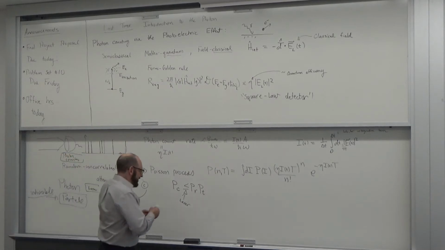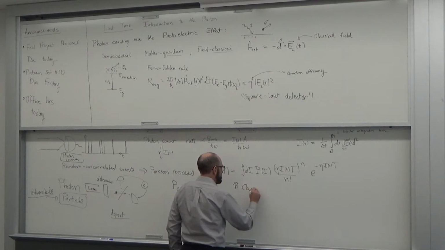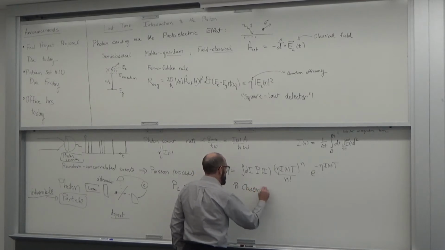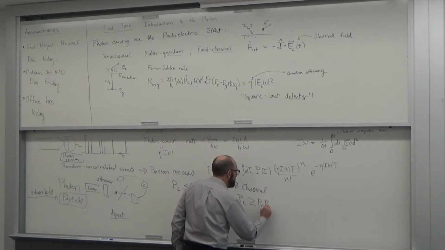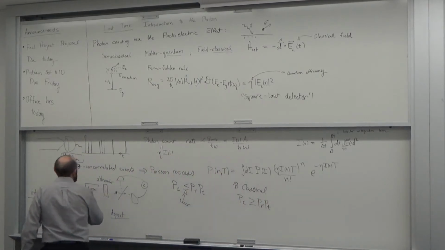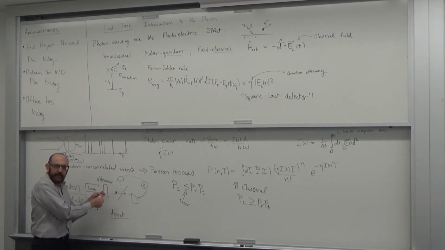In fact, classically, this coincidence count always has to be greater than or equal to. It can be greater if I have extra fluctuations in the problem, intensity fluctuations.